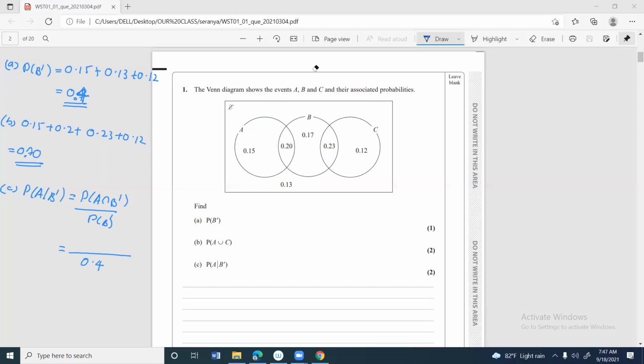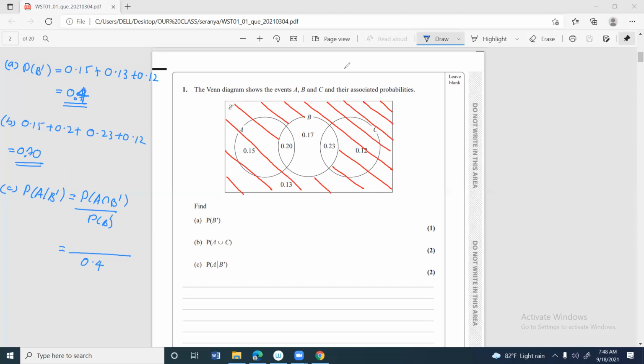If you cannot understand what area they are referring to, you just color B dash. B dash is outside B. When you want to get the regions without worrying about the in-between operation, you just color B dash. B dash is this area, not a problem at all.